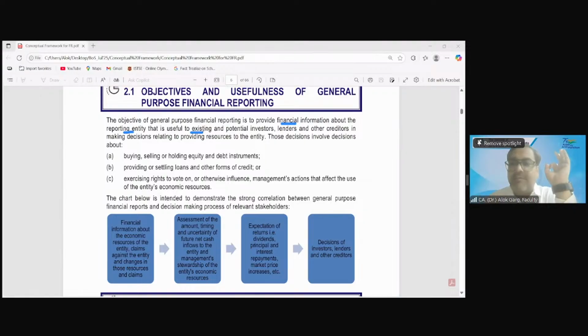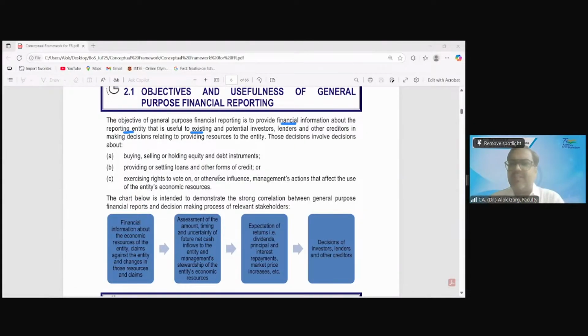So always remember, in the examination, if a multiple choice question comes that this conceptual framework is relevant for regulator, employee, and the creditor, then the second option is investor, lender, and creditor. So you will always remember that this is applicable to all the three categories who have invested their money, and you will get the answer.